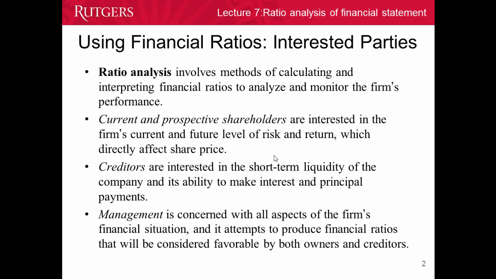Sometimes the firm may have a debt covenant, which specifies the conditions in terms of financial ratios that must be maintained for business. Once the covenant is broken, the lender will typically have the right to call back the obligation from the borrower. Apparently, that's also one of the reasons why management is concerned with these ratios.